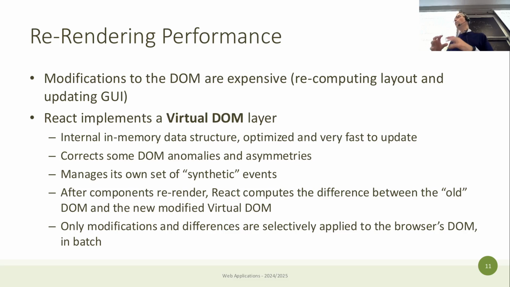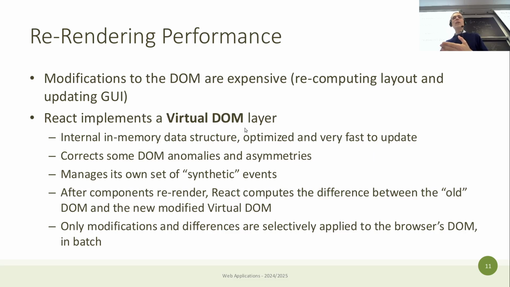To avoid incurring this expensive operation, React implements a virtual DOM layer. Basically, the React library has a sort of mirror in memory of the actual DOM of the browser, which is very well optimized and very fast to update.